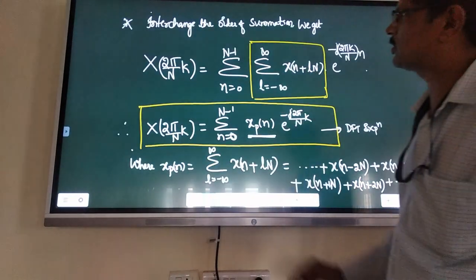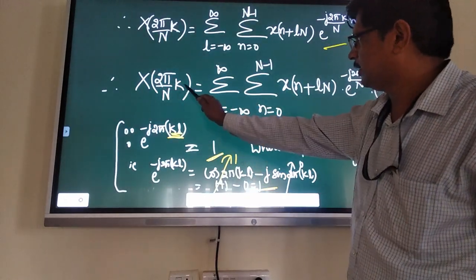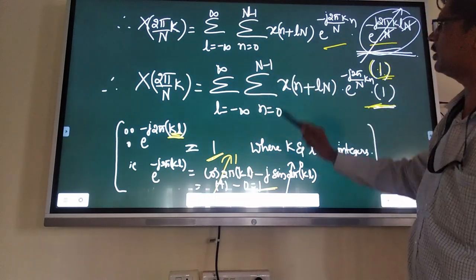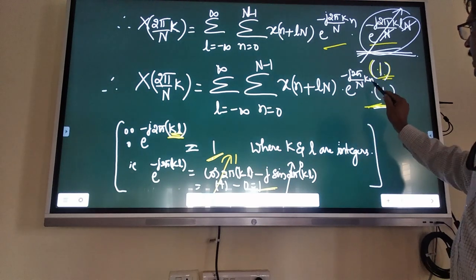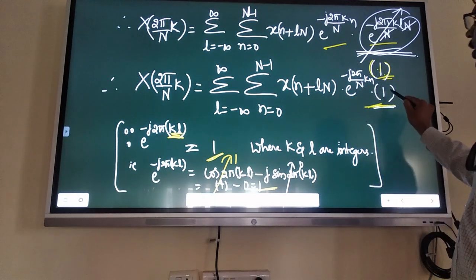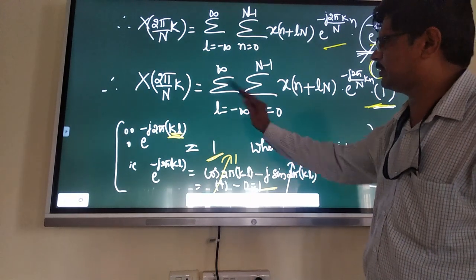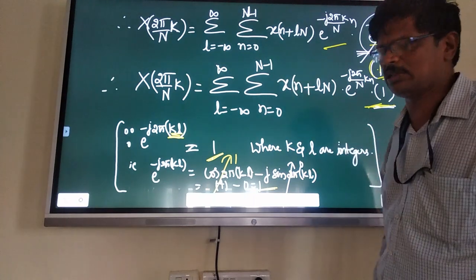Therefore, your final expression is like this: X of 2πk/N is equal to the summation over l from minus infinity to plus infinity, n equal to 0 to N minus 1, x of n plus lN into e power minus j2π kl by N. Now the last step is to interchange the order of summation, because for 0 to N minus 1 I want N samples.